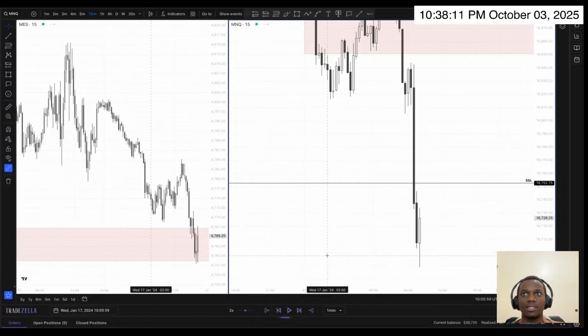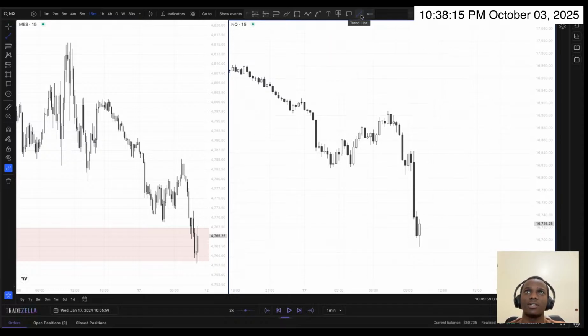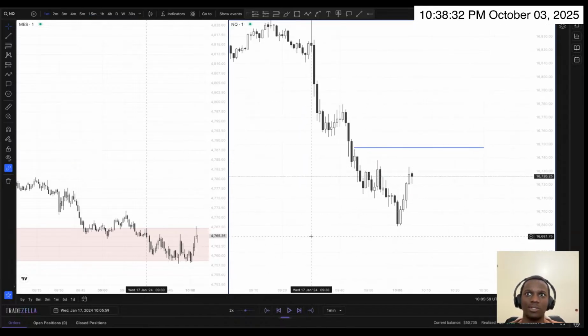Okay, I think here we can enter on the 1 hour, the power of 3. The power of 3, you know, we have the open, high, low, close. So I'm thinking the 10 a.m. candle could do this, then this. So this distribution lower is where we could enter in. So let's see what it does. So the open, we already have an SMT there.